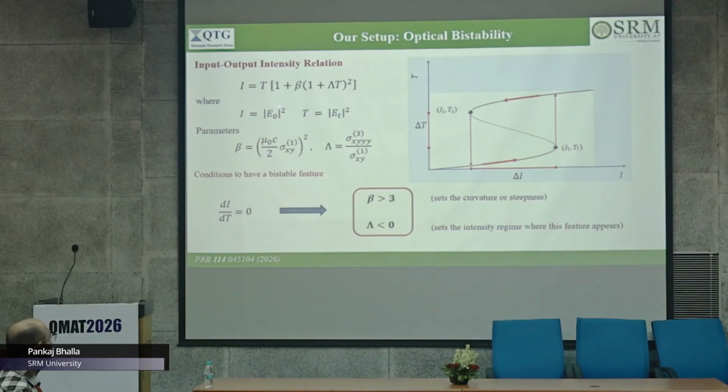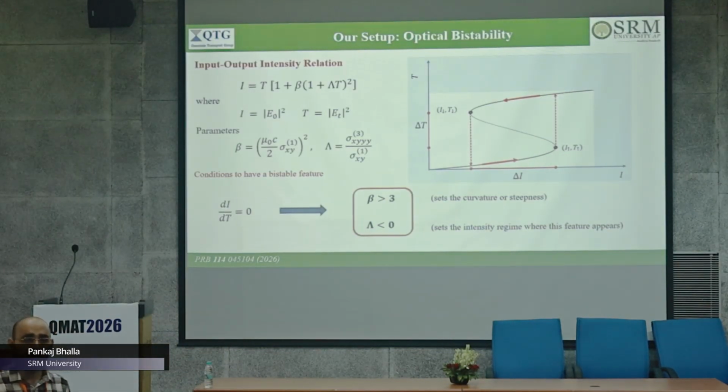I is the modulus of the incident field squared, and T is the transmitted field squared. The main role in this equation is played by two parameters which we call the bistability parameters, beta and lambda.